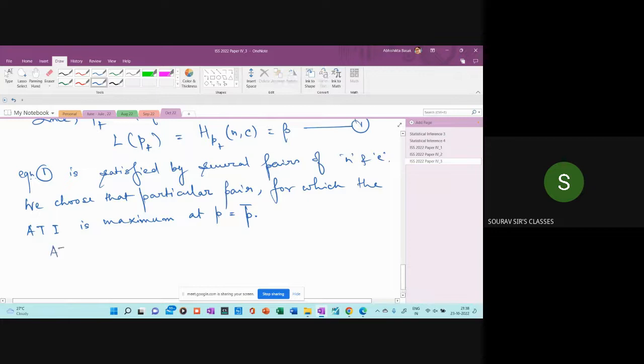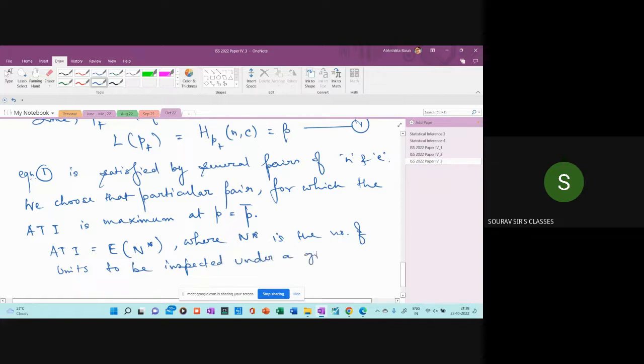This ATI is going to be my expectation of this N star, where N star is the number of units to be inspected under a given SIP.